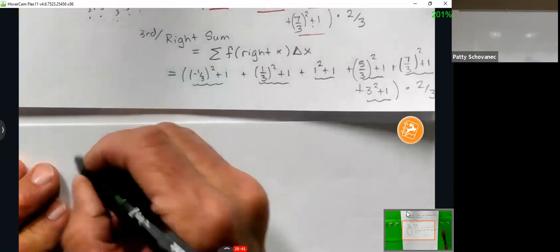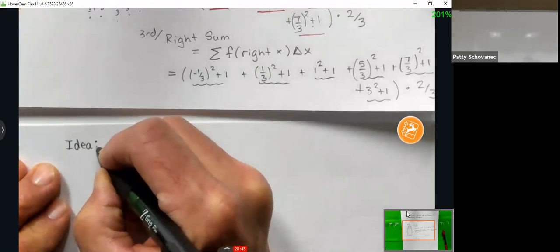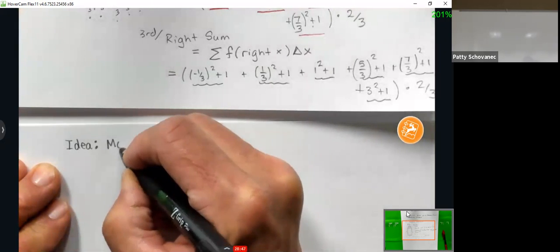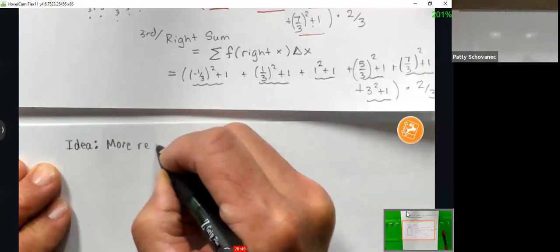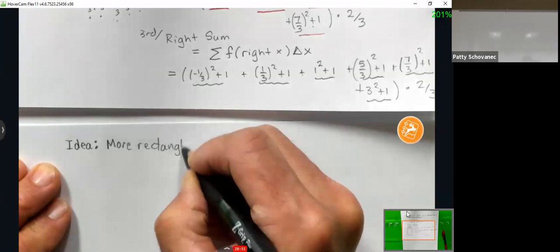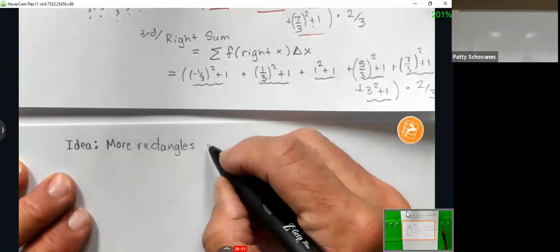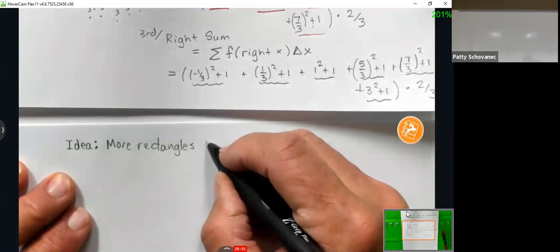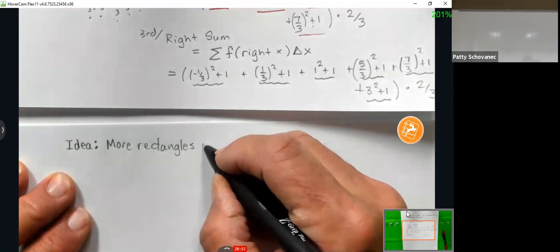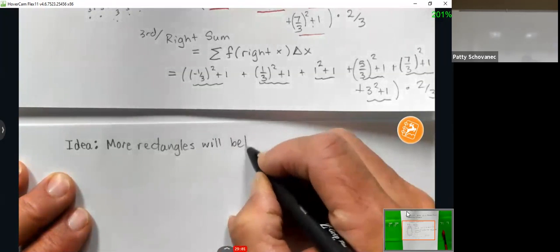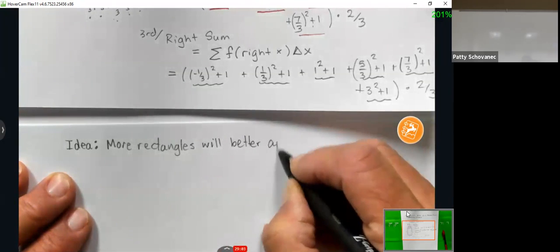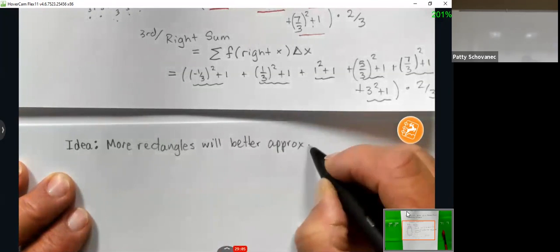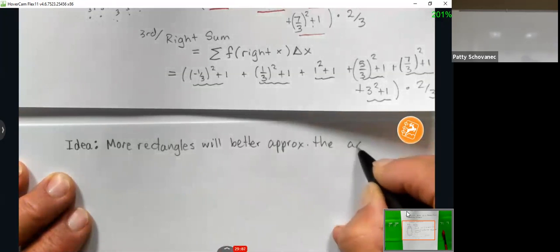So the big idea is that more rectangles will better approximate the actual area.